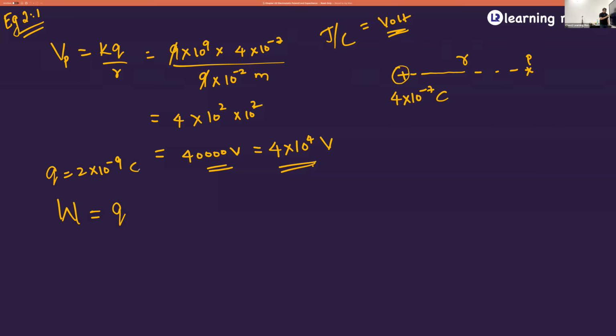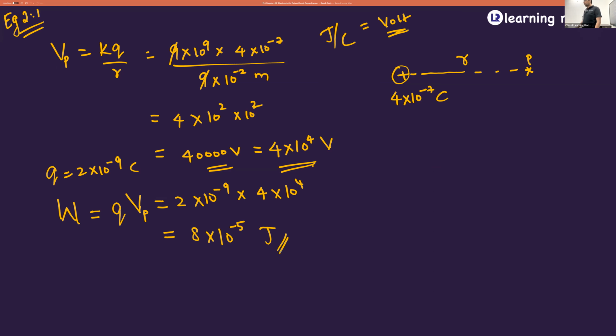Work equals the charge that you moved multiplied with the potential of point P. That's it. So the charge that you moved is 2 into 10 power minus 9. What is the potential at point P? 4 into 10 power 4. Answer will be 8 into 10 power minus 5 joule.